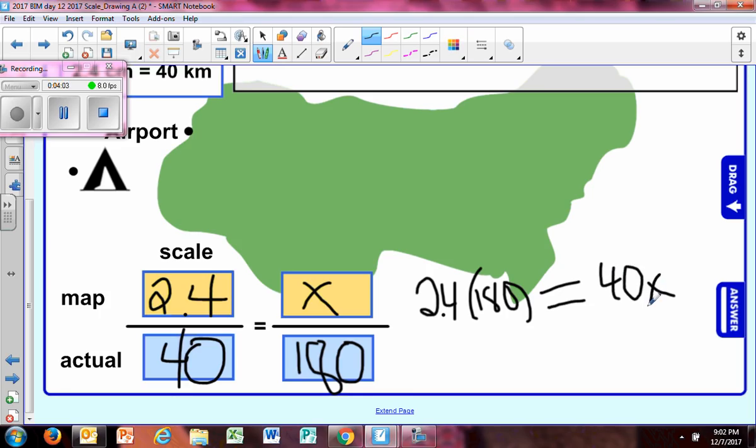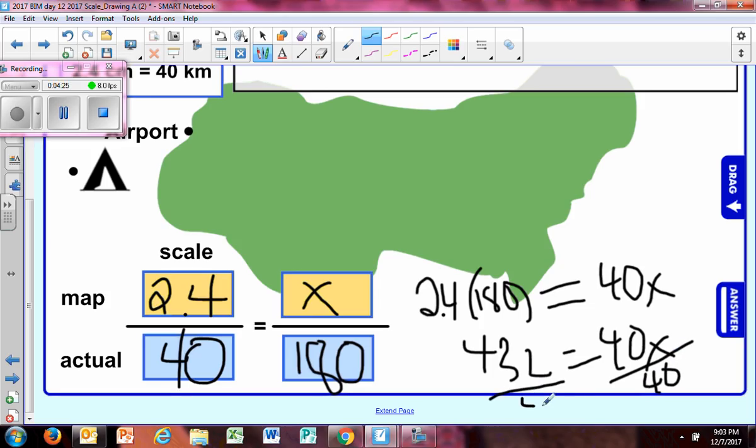Let me do the math there: 2.4 times 180. I get 432 equals 40x. And then to get x by itself, I have to divide by 40 on both sides. 432 divided by 40, x is equal to 10.8.